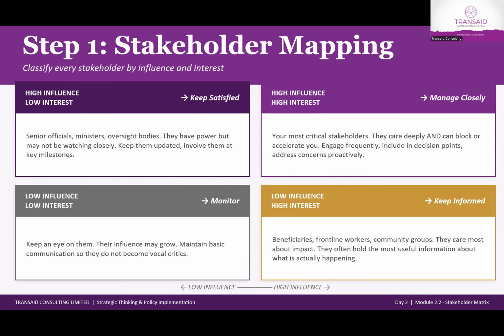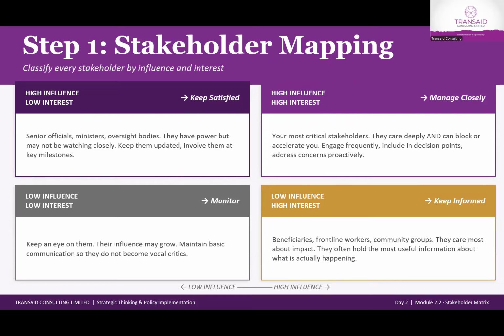So step one, stakeholder mapping. Classify every stakeholder by influence and interest. Mapping stakeholders by influence and interest is a strategic process used to categorize people based on how much they care about a project and how much power they have to change its outcomes.